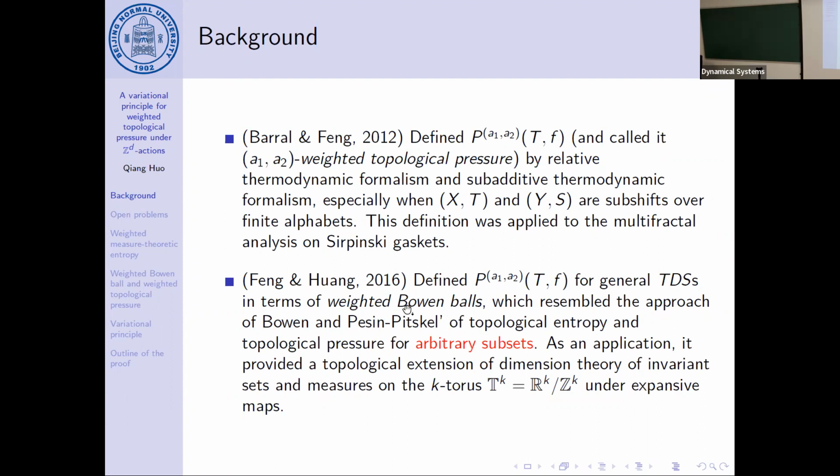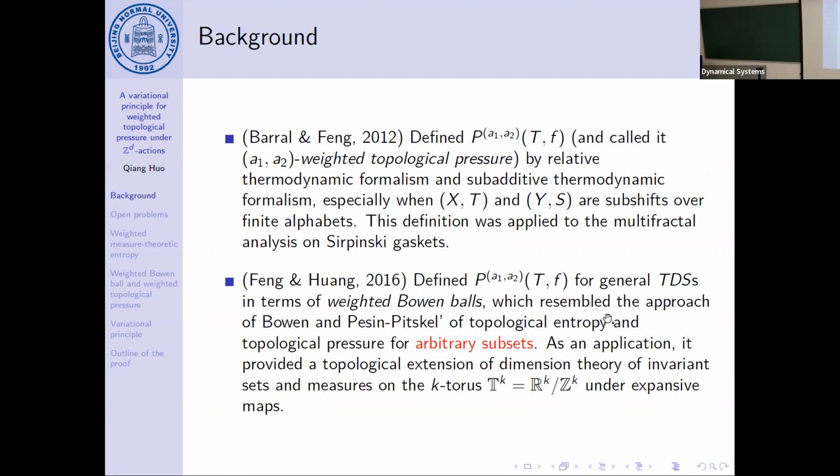Yes, this definition has resembled the Pesin-Pitskel Hausdorff dimension type definition of the topological pressure, and for arbitrary subsets, this might be non-compact. And they also obtained the variational principle.